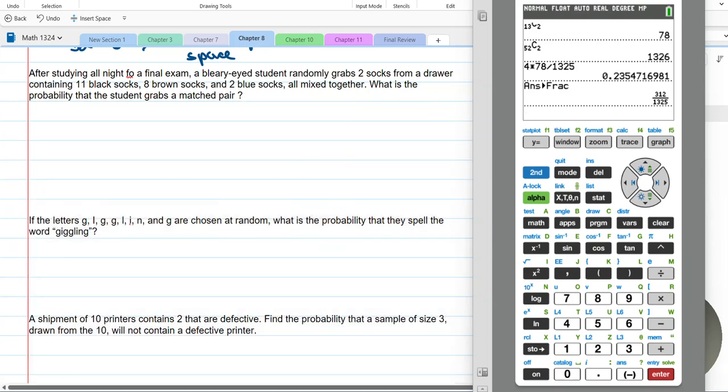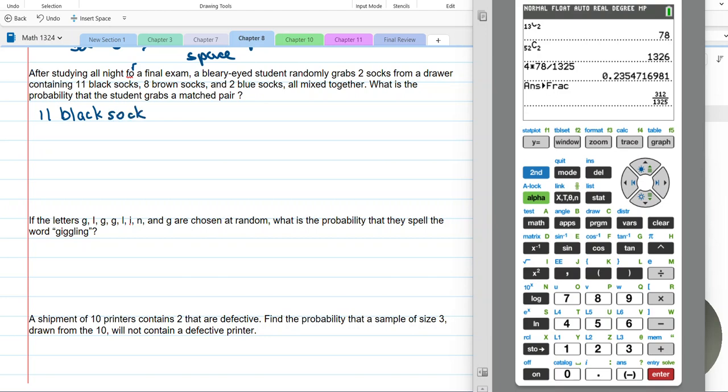After studying all night for a final exam, a bleary-eyed student randomly grabs 2 socks from a drawer containing 11 black socks, 8 brown socks, 2 blue socks, all mixed together.